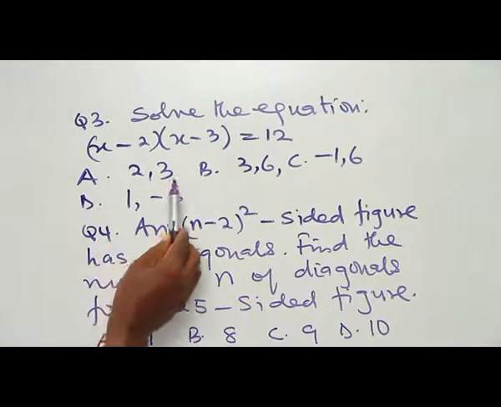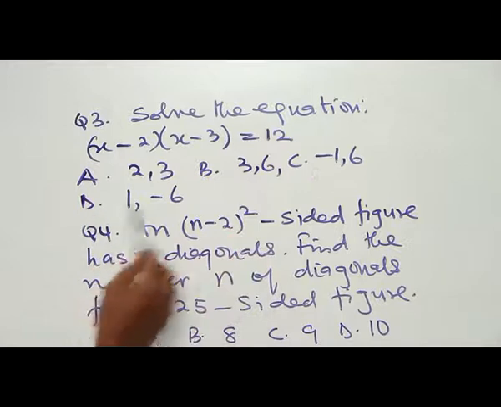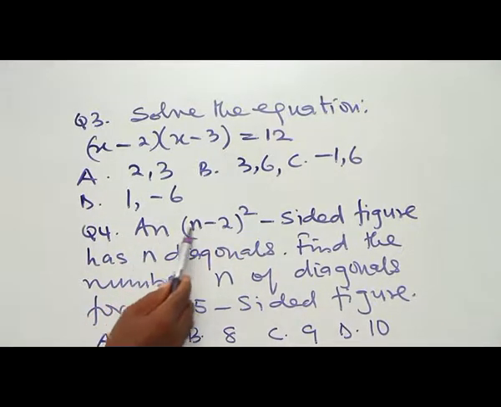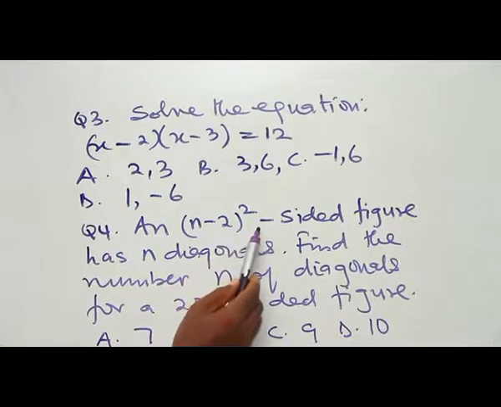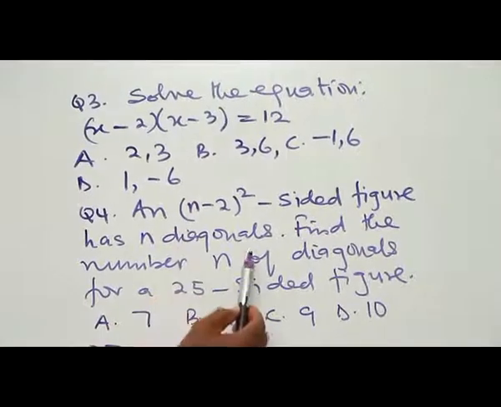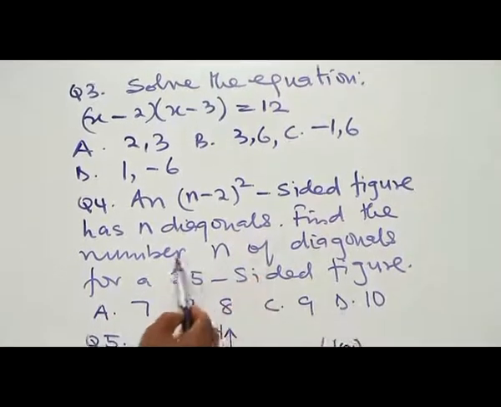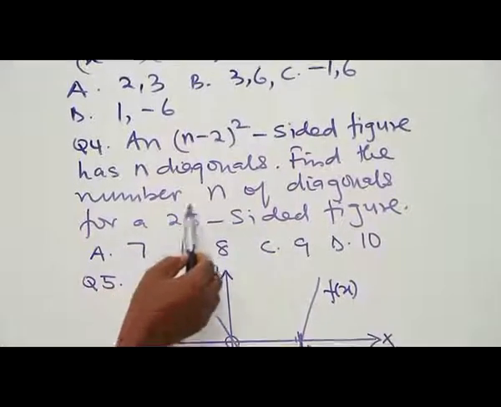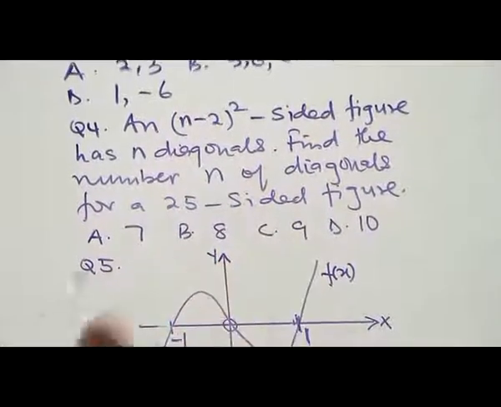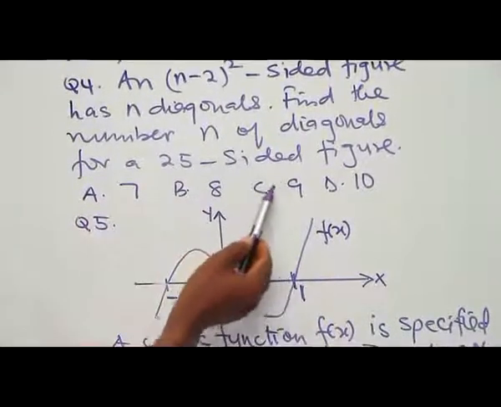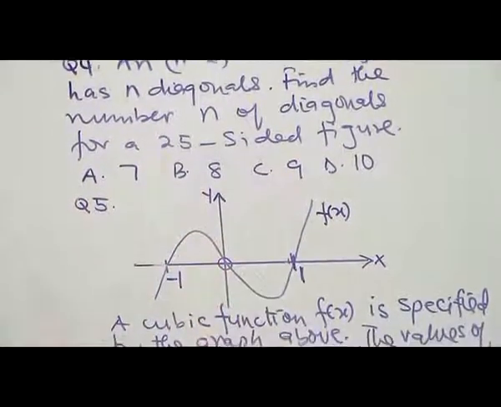A, B, C, and D. These are the options. Question 4. An n minus 2 square sided figure has n diagonals. Find the number n of diagonal for a 25-sided figure. A 7, B 8, C 9, and D 10.